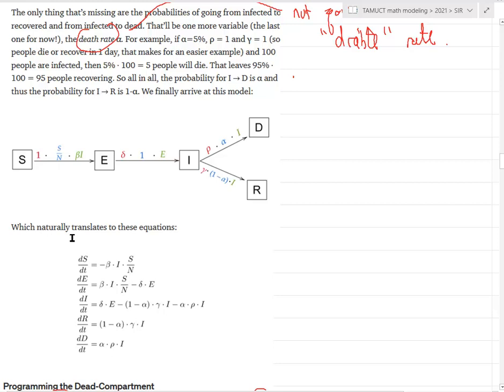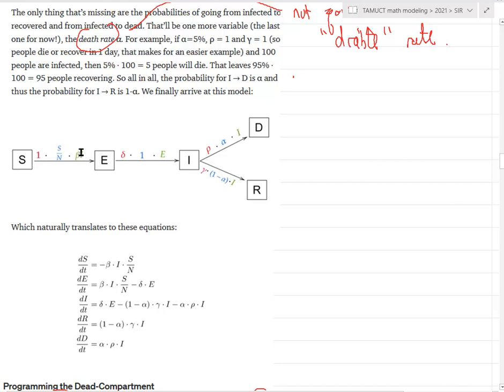Now, that's really not so difficult. The difference, however, is that in the transition from susceptible to exposed, the people who can infect a susceptible youth could be young or old. So this I here refers not just to the I for young, but the I for the young and old. So it's the combined I.